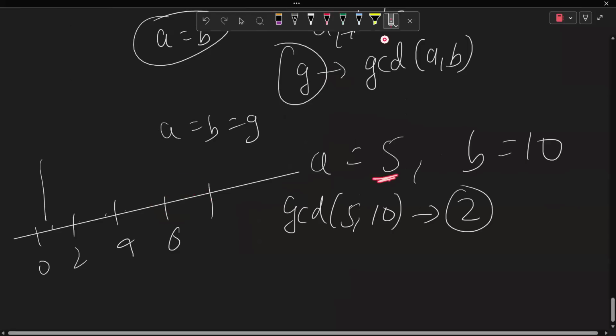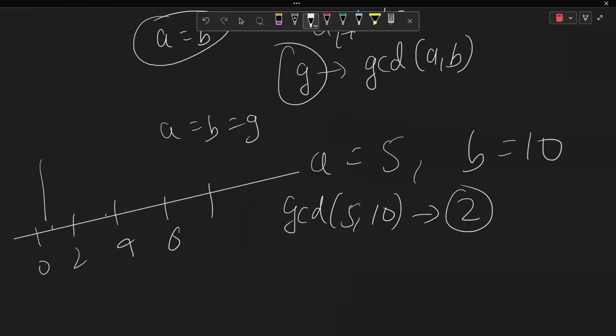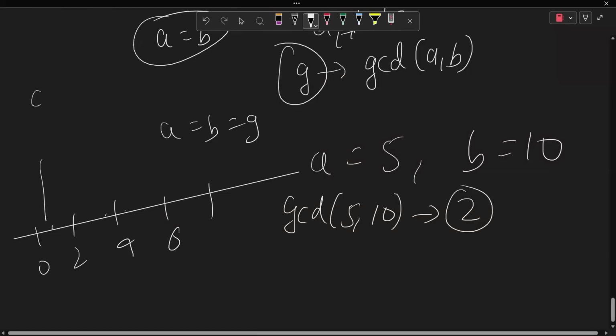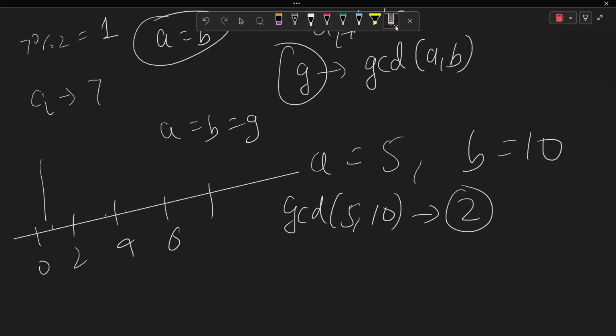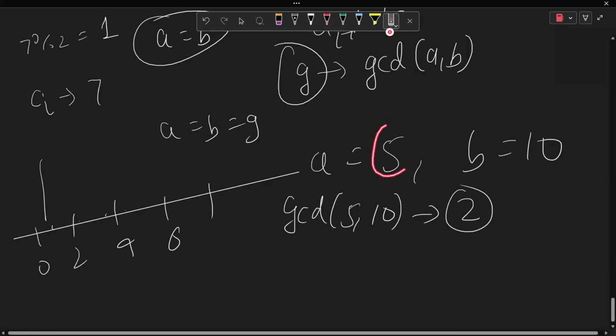If some value is 7, then 7 mod 2 is 1. So you can assume that doing plus A and plus B is equivalent to doing plus 2 all the time. Why? Because, sorry, the GCD was 5 here. I'm sorry, the GCD of 5 and 10 was 5, not 2.